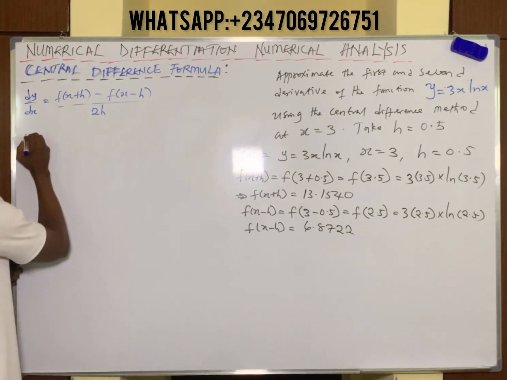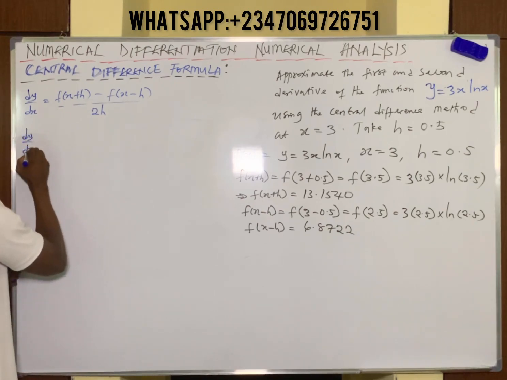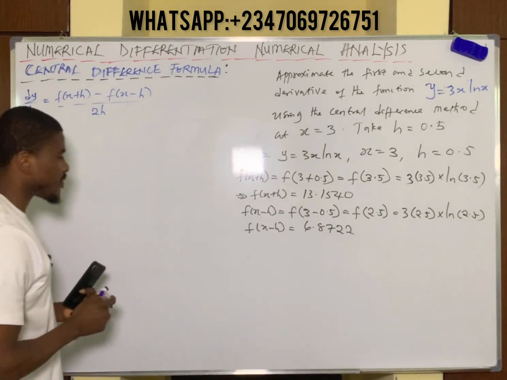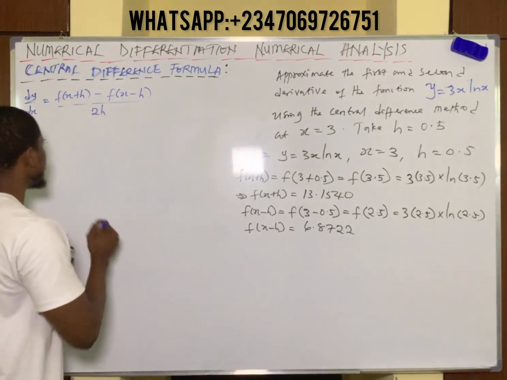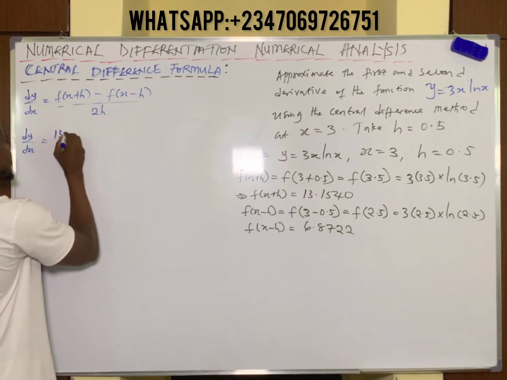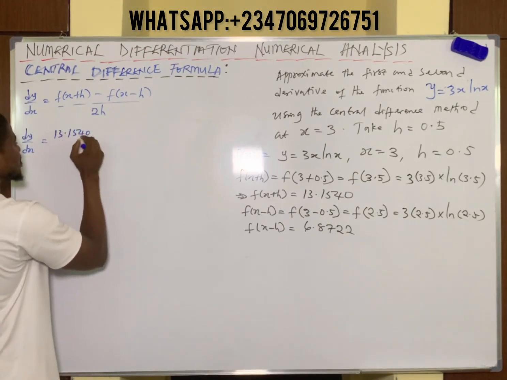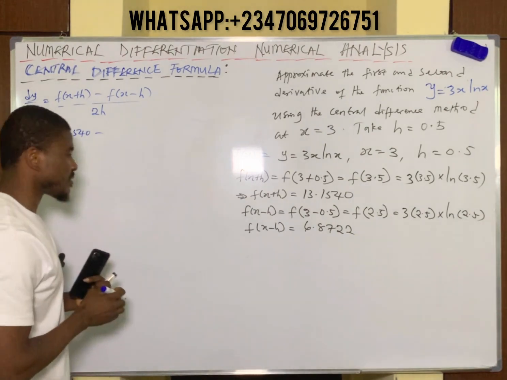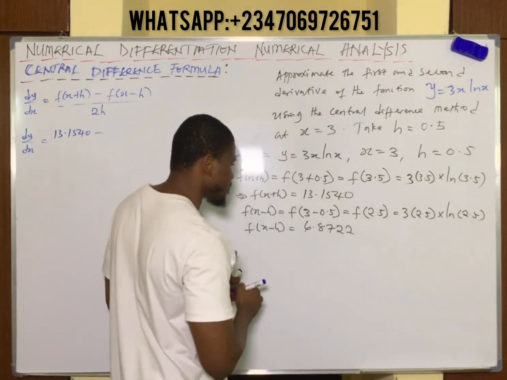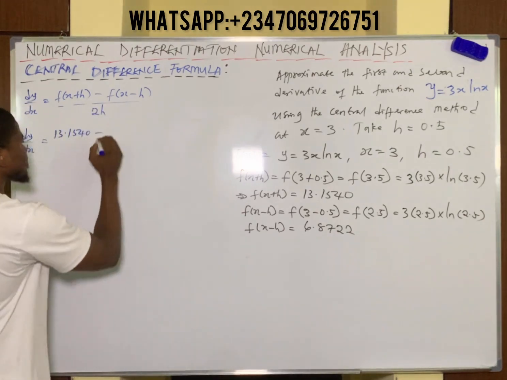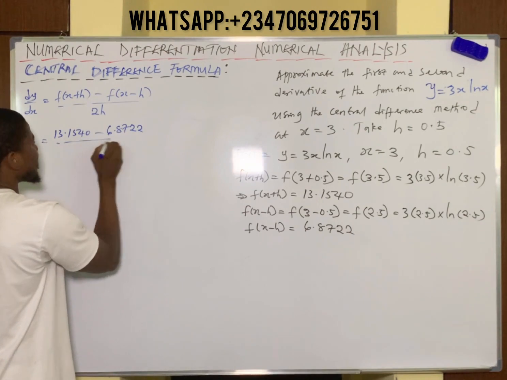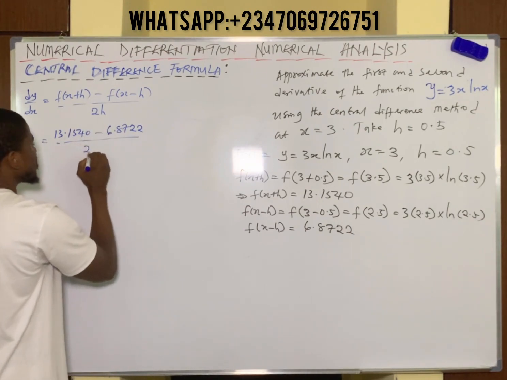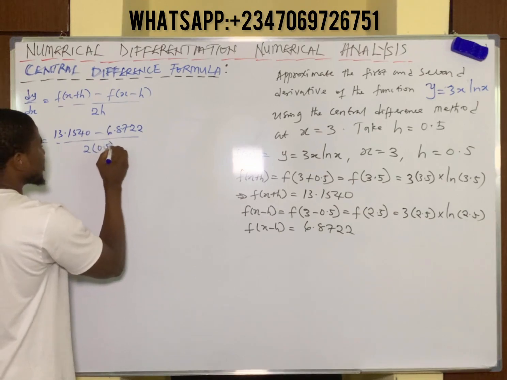So our derivative, dy/dx, is going to be equal to f of x plus h, which gave us 13.1540, minus f of x minus h, which gave us 6.8722, divided by 2h, which is 2 times 0.5.